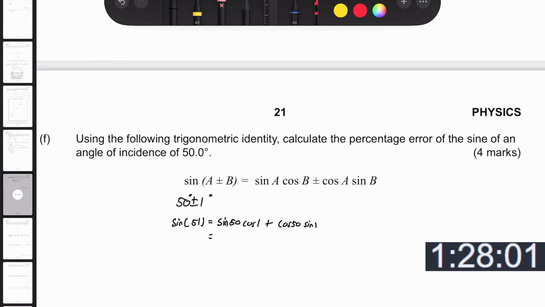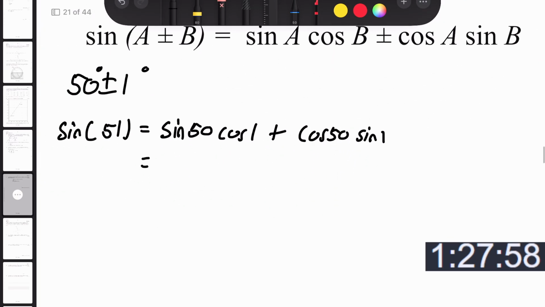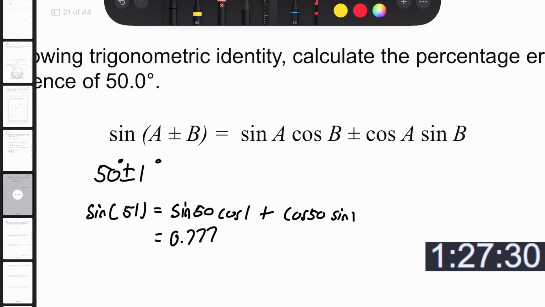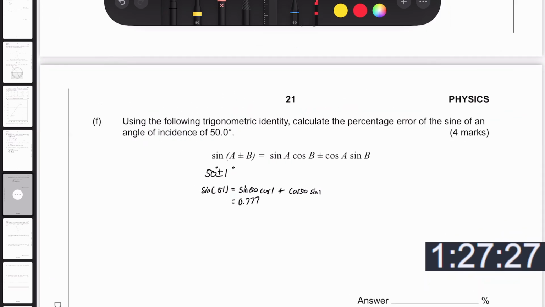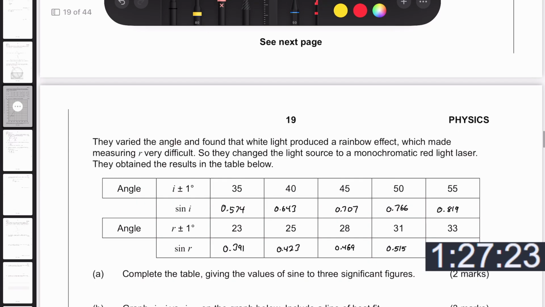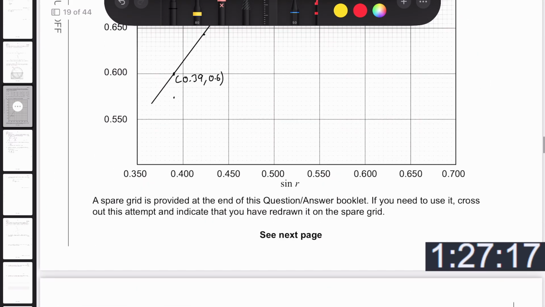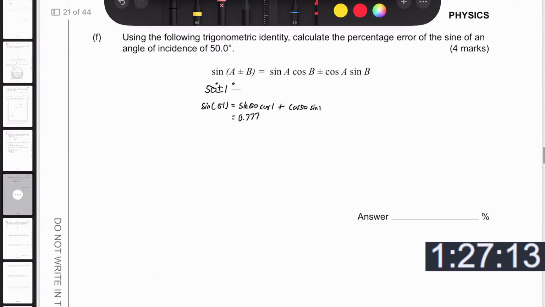So this is 0.777. Compared to sine of 50, which is 0.766, the difference is 0.11. Okay, so it's the same.